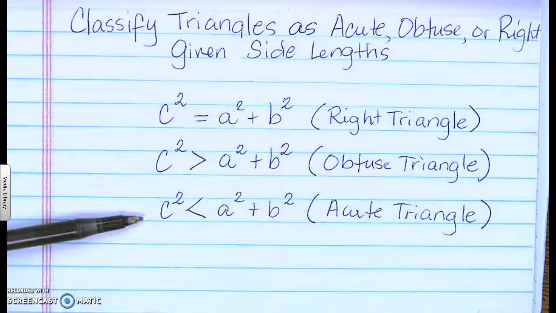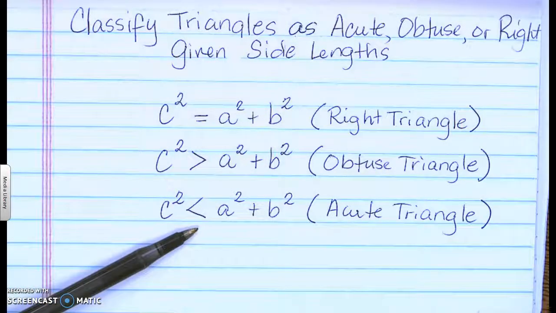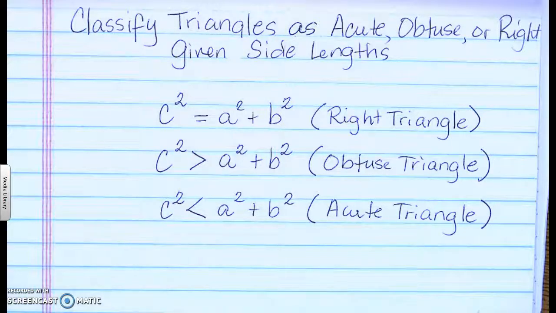However, if after you work out the a squared plus b squared and the c squared, the a squared plus b squared is bigger than c squared, or better yet, if c squared is less than the a squared plus the b squared, then your triangle is acute.